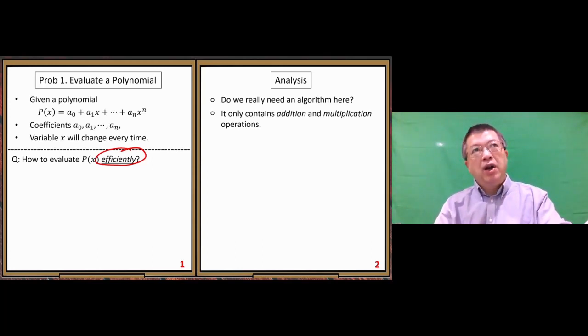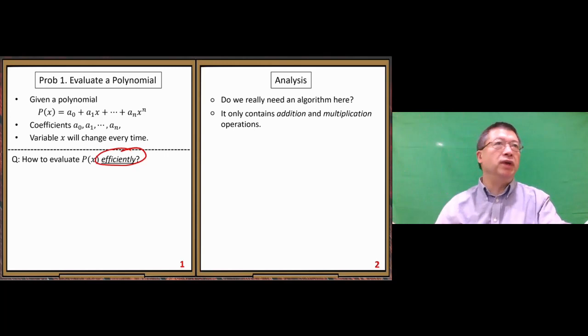To evaluate a polynomial, we only need two types of operations, addition and multiplication. Those operations are very easy, and we can easily write a computer program to do it.